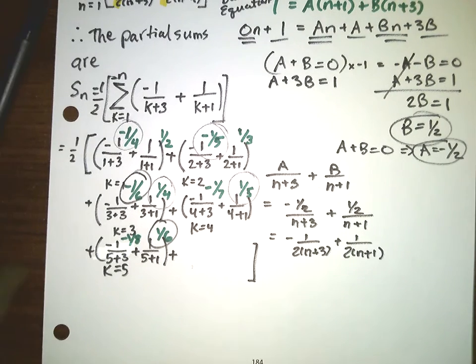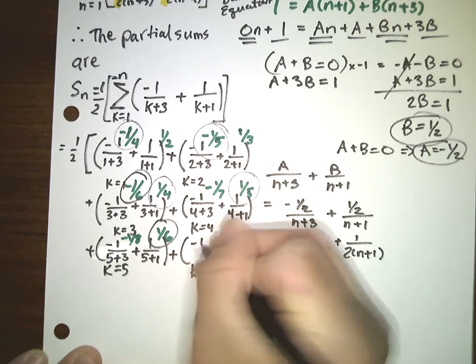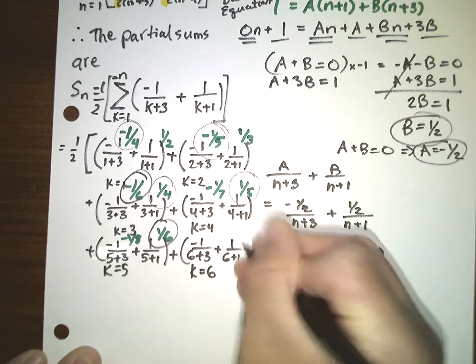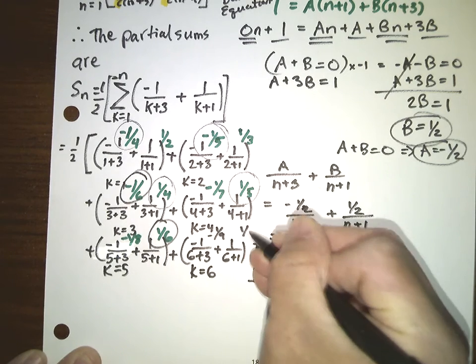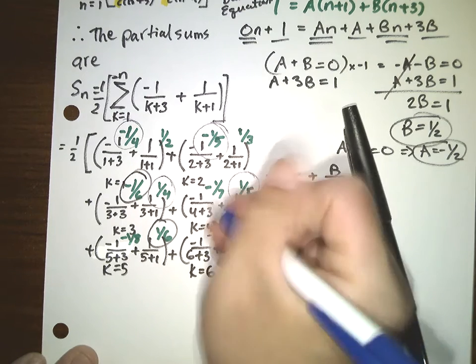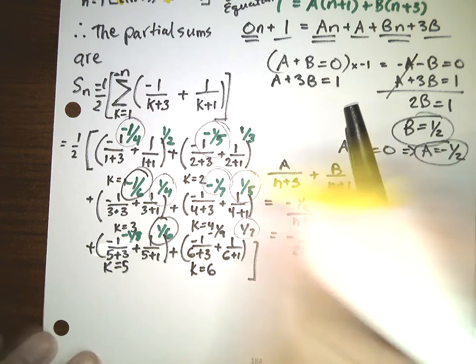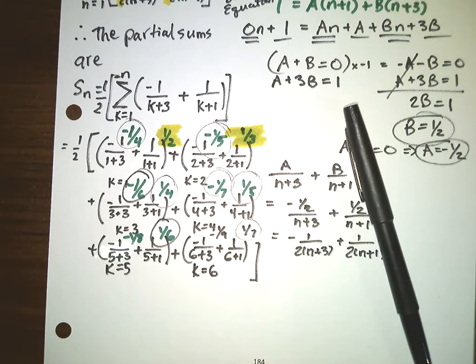Then if k is equal to 6, I get -1 over 6 plus 3 plus 1 over 6 plus 1. So I get -1/9 and 1/7. So here the 1/7 terms cancel out. So I hope that you can see the only terms that will be left actually are the 1/2 and the 1/3. So eventually, all the other ones will cancel out.